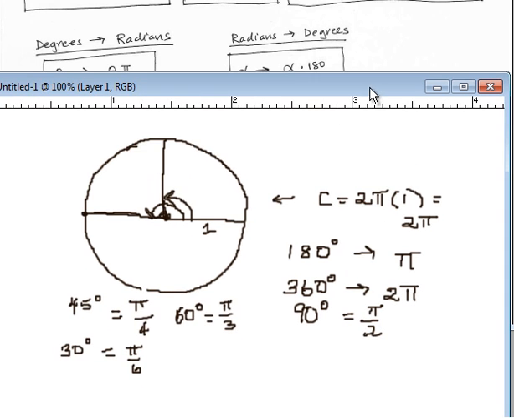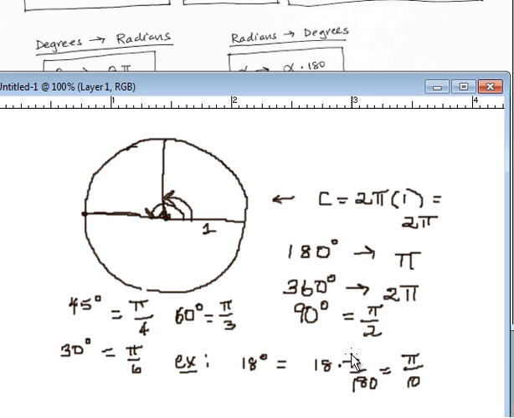For example, let's pick 18 degrees. That's equal in radians to 18 times pi over 180, and reducing that, we get pi over 10.